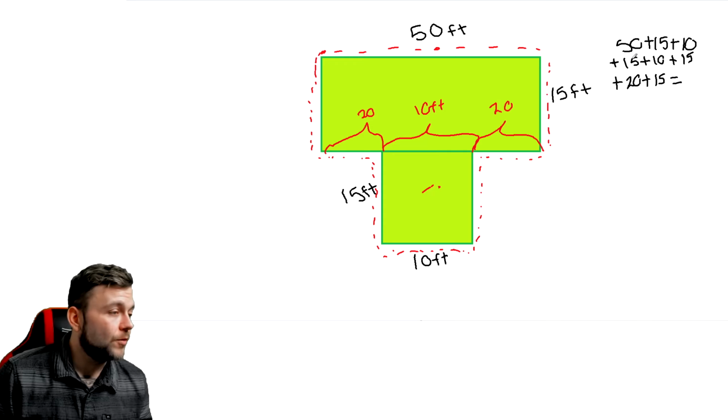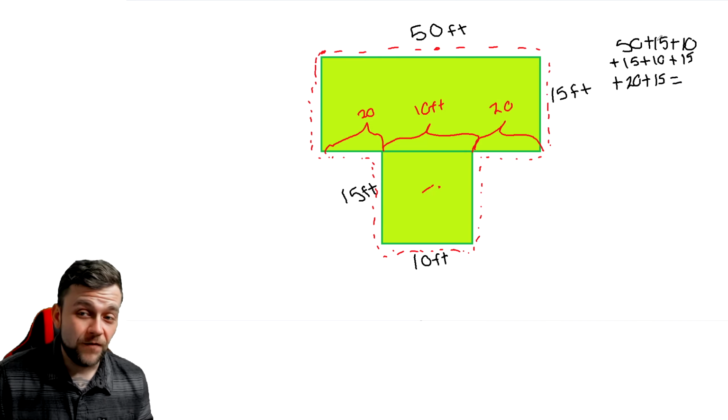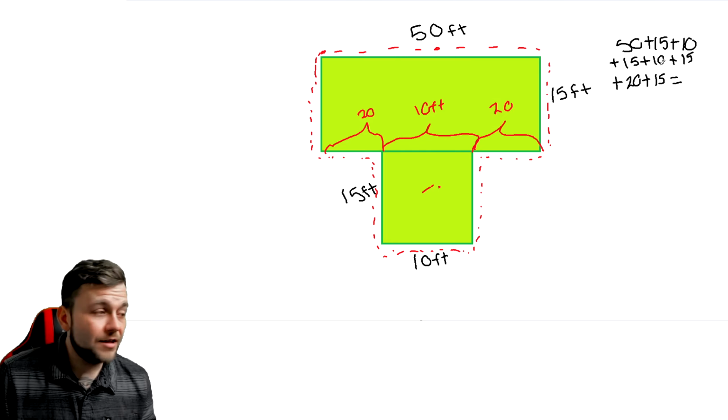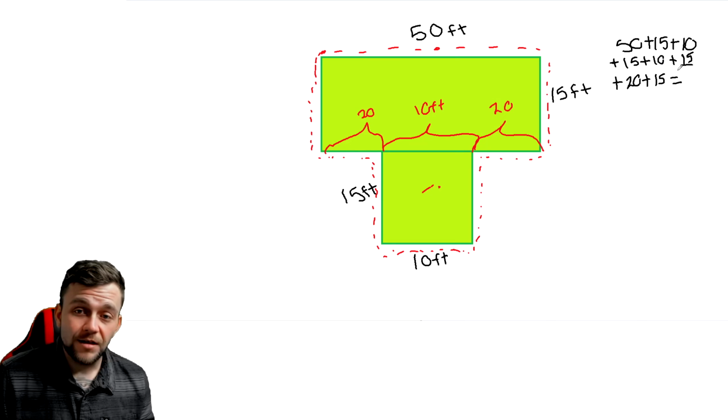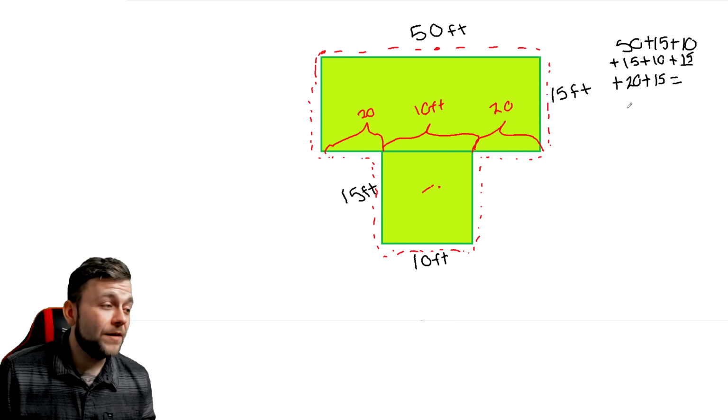What does this equal? Well, 50 plus 15 is 65, plus 10 is 75, plus 15 is 90, plus 10 is 100, plus another 15 is 115, plus 20 is 135, plus 15 is 150.